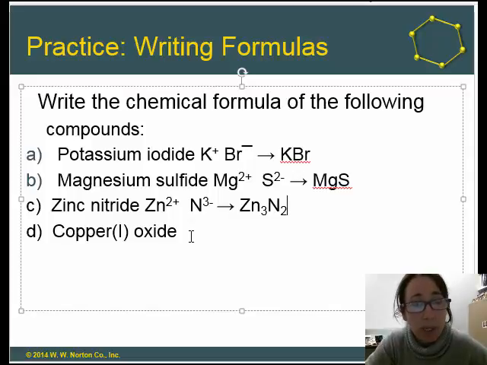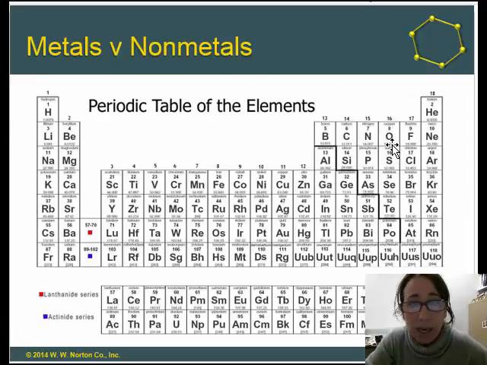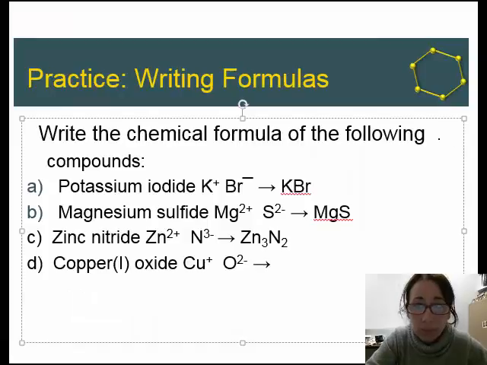Now let's look at copper 1 oxide. So I know what the charge of copper is. It's 1. That's what that 1 means. And if I look on the periodic table, I see that oxide is in the oxygen family, 2 away from the noble gases, so it has a charge of -2. So the charges don't cancel out in a 1-to-1 ratio, but the least common multiple between 1 and 2 is 2.